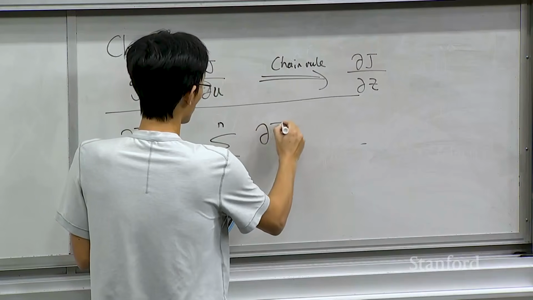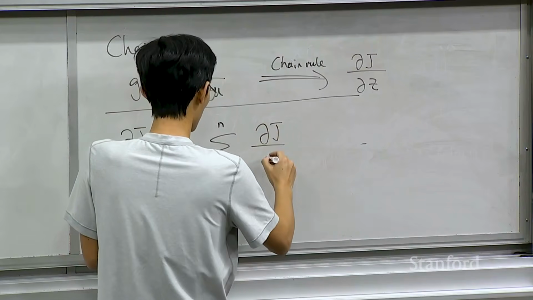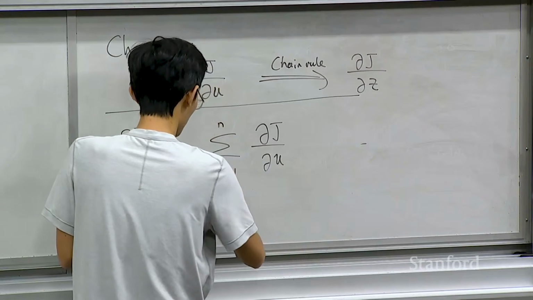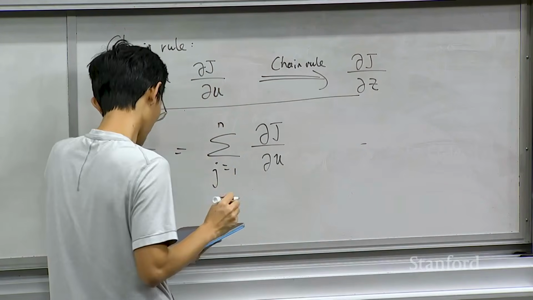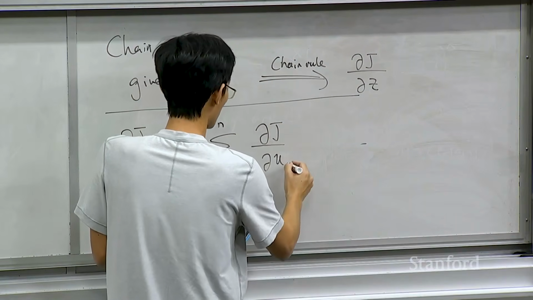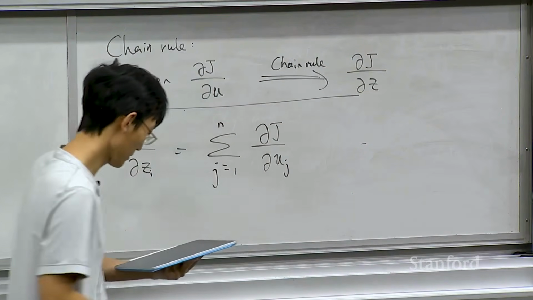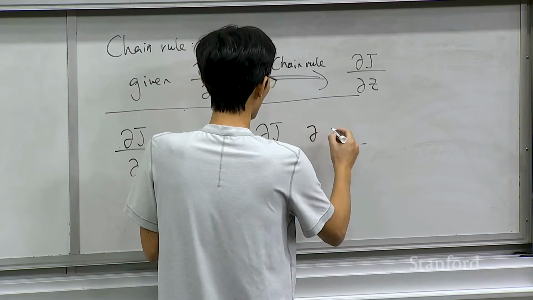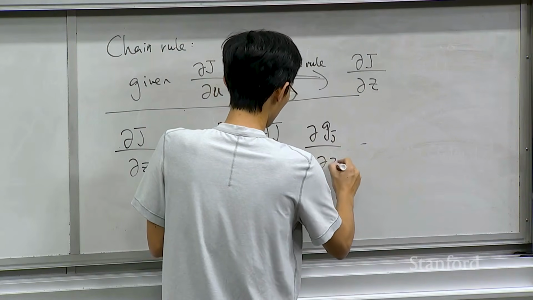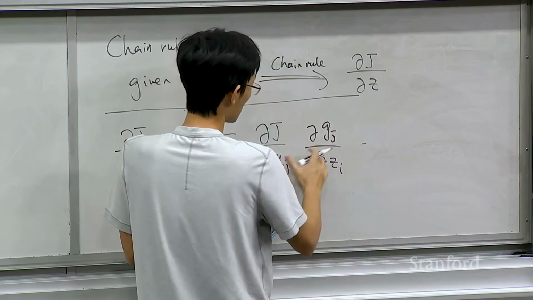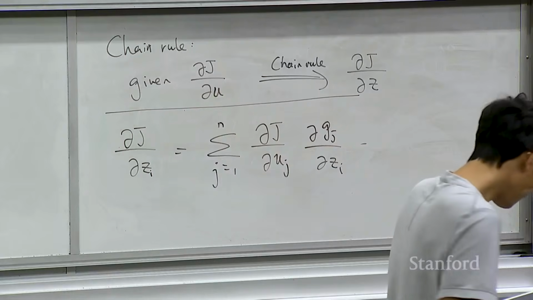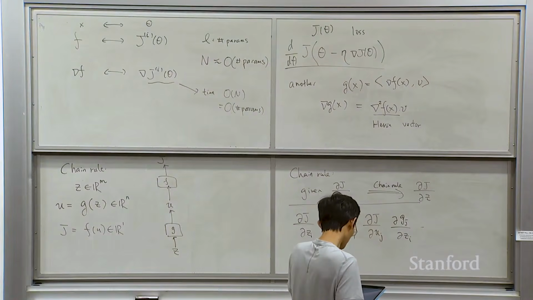And I take the partial derivative of my final target, let's use J here to not be confused with i, the partial derivative of J with respect to U_i, one of the intermediate variables, times the partial derivative of U_i with respect to Z_i. G_j is the same as U_i; G_j is the jth output, which equals U_i. So that's pretty much how you do it.